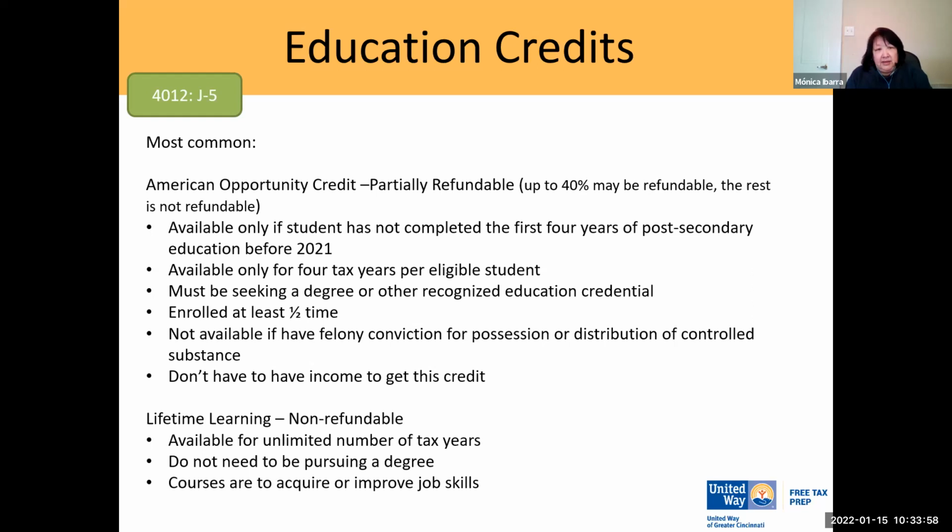So, for example, if you have some courses that you need in order to continue to be a nurse, or you're trying to acquire job skills to progress in your job or to get some kind of certificate, this can qualify for a lifetime learning credit.